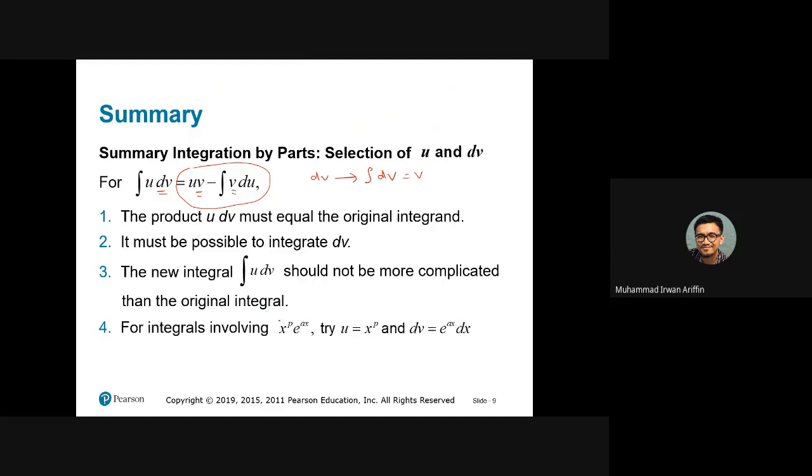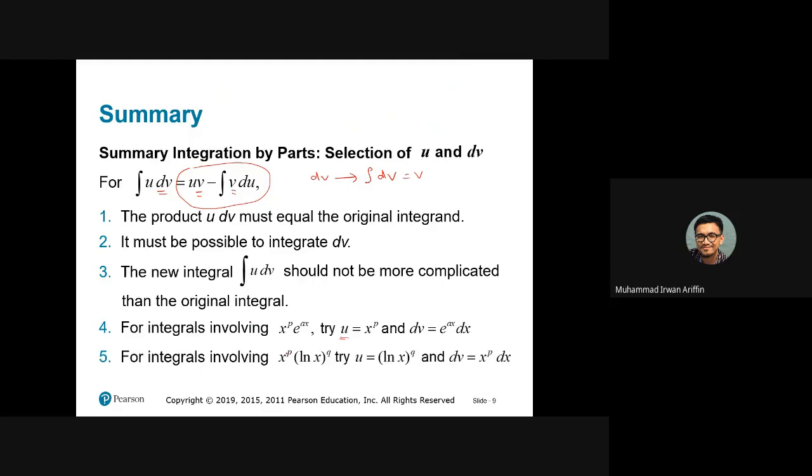For the integrals involving x to the power of p and e to the power of ax, the hint is to try to make u equal to the function with the base x. Always try to define u to be equal to the term that has the base x rather than having x in the exponential power.